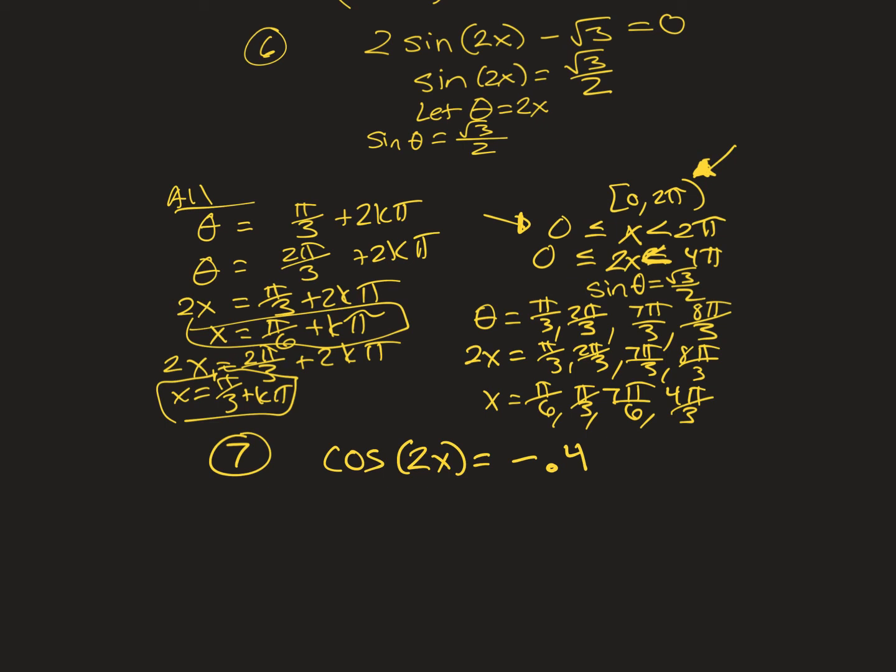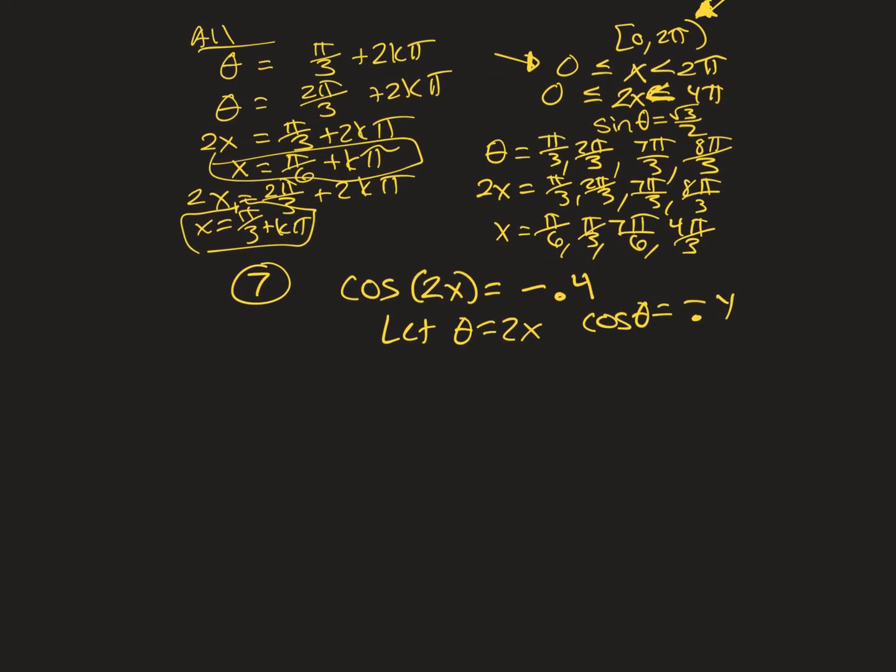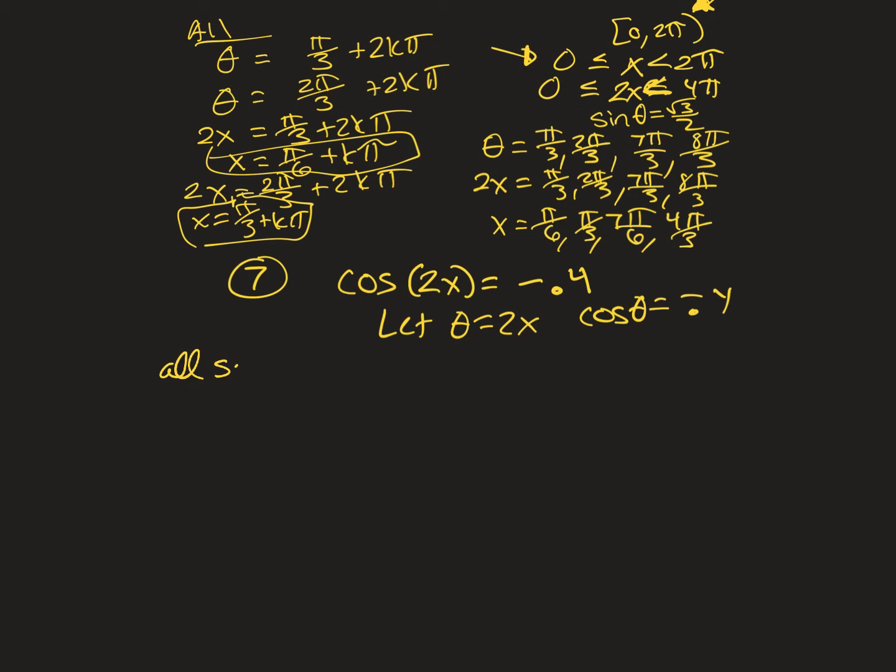All right, so if you want, let theta equal 2x. So we're thinking about cosine of theta equals negative 0.4. And let's do all solutions first. So one thing to keep in mind, when we're talking about cosine of some angle equaling a negative ratio, we're looking for quadrants 2 and 3.